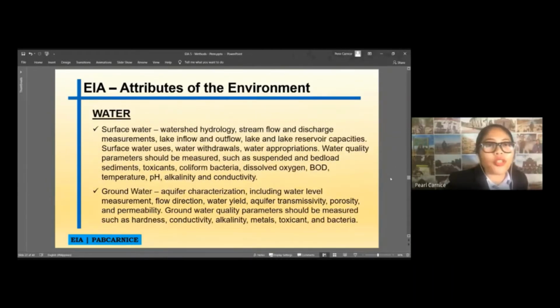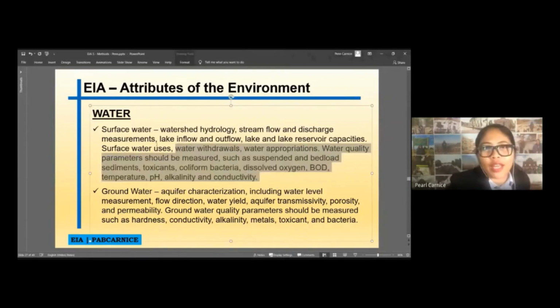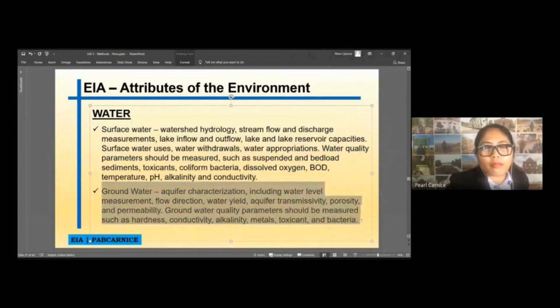Let's go now to the water. So we have surface water and groundwater. For watershed hydrology, we have to include stream flow discharge measurements, lake inflow, and a lot of parameters under the surface water. With the groundwater, this is more of the reservoir.